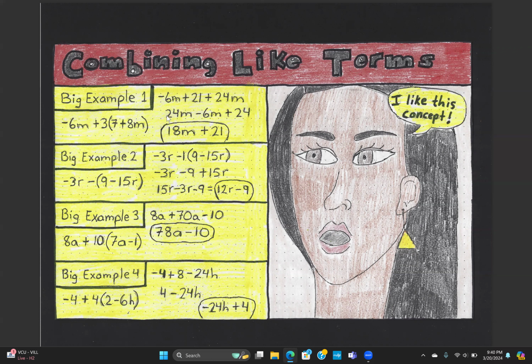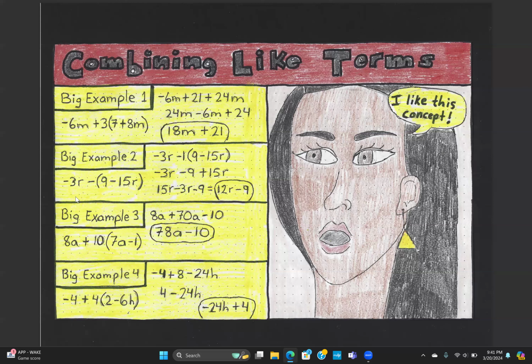So we're going to combine 24m and negative 6m. 24m minus 6m will give us 18m plus that 21, and that is our final outcome for big example 1.